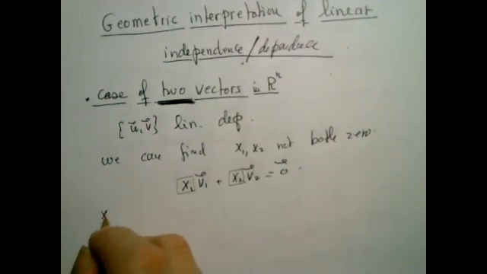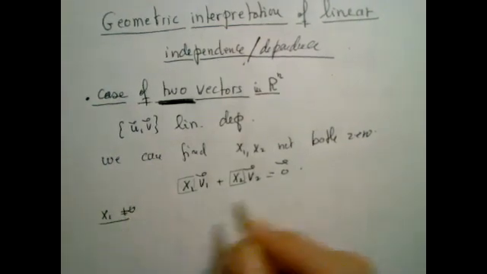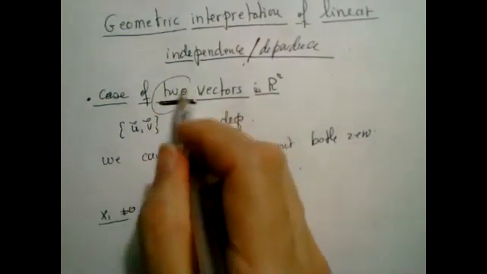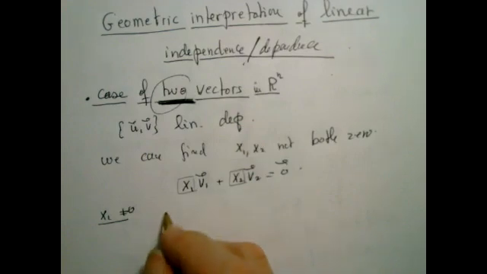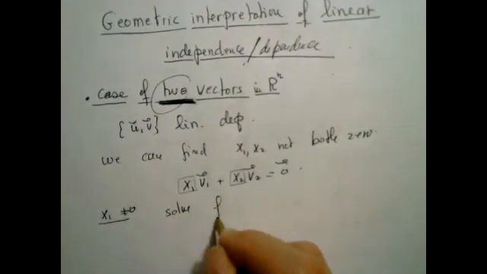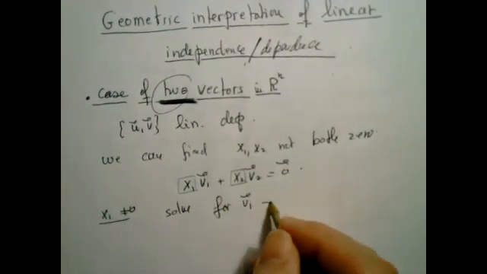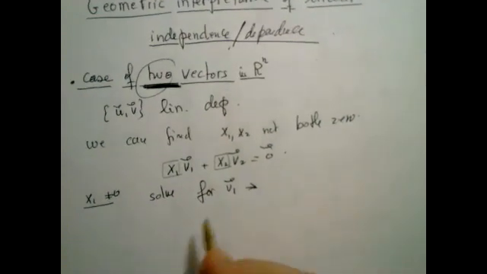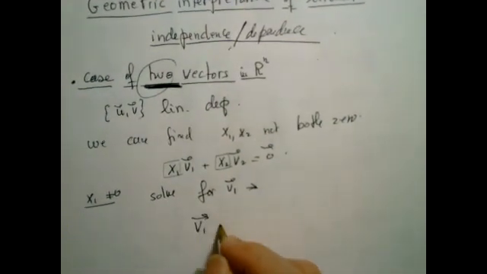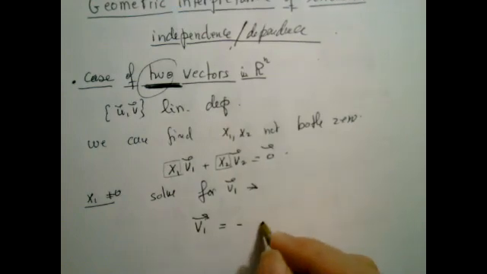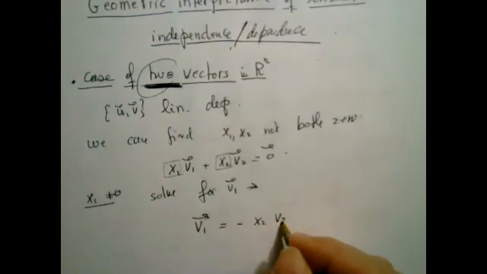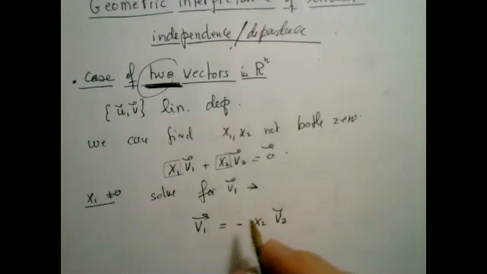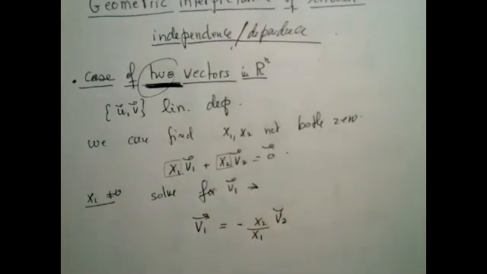Let's see if x1 is non-zero. I only have two vectors and I solve for V1. As we did before, my vector V1 is going to be minus x2 V2. Remember, those are just a bunch of numbers divided by x1.